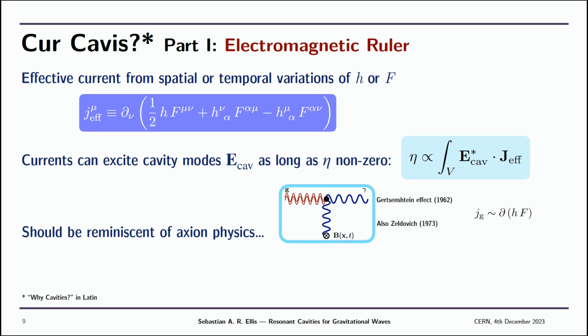And indeed, rather than writing the effective current the way I've done it up there, I could have given you a Feynman diagram, the one corresponding to the Gertsenshtein effect, with this effective current that looks like the derivative of h times F. You would have said, hey, that looks a lot like the Primakoff effect diagram that I would normally write for axion physics, where I have an effective current that goes like my axion coupling times the derivative of a times F. And so for those of you who are familiar with the sensitivity of axion haloscopes to axion dark matter, you should already be able to open up your favorite calculator and estimate the sensitivity that I'm going to show you in about 5 slides' time.